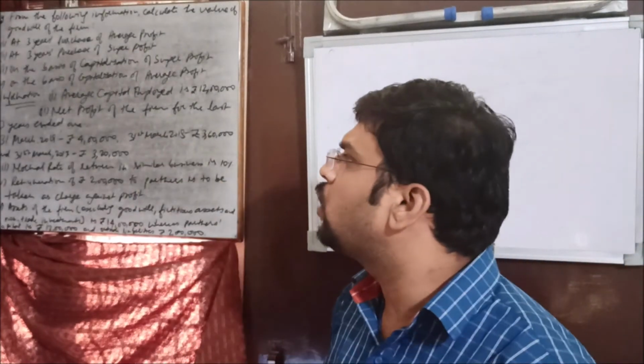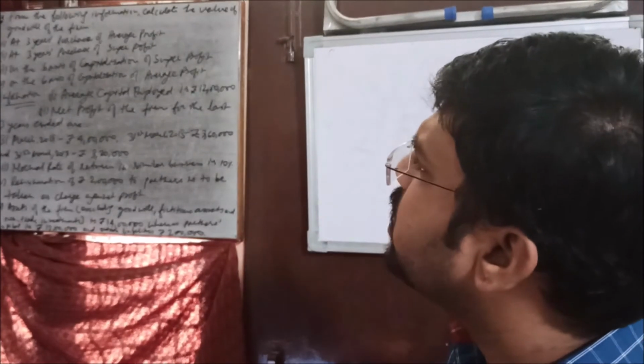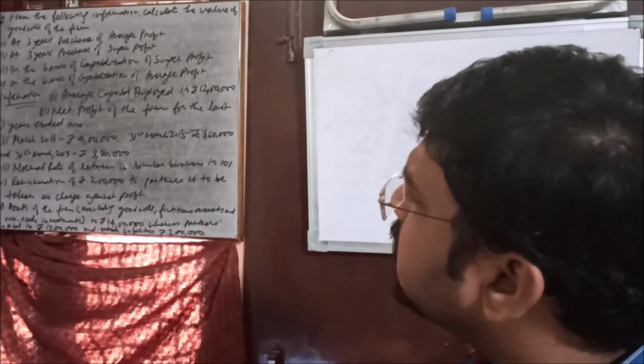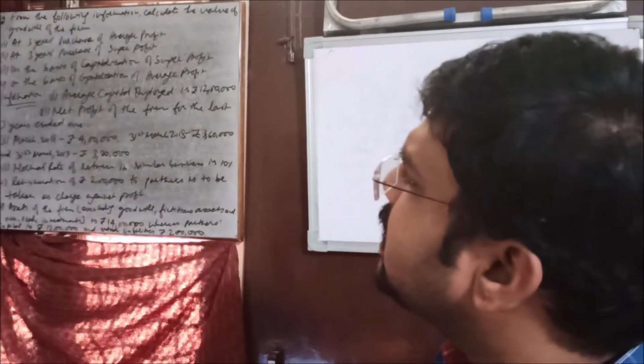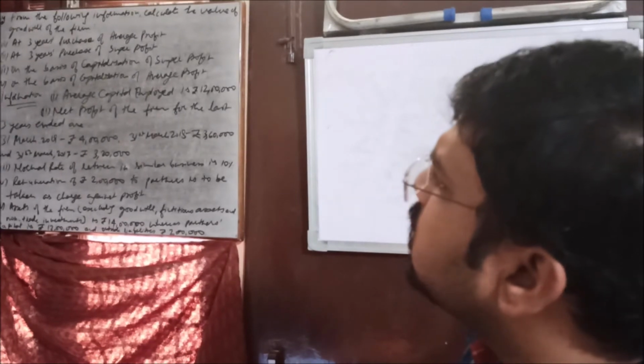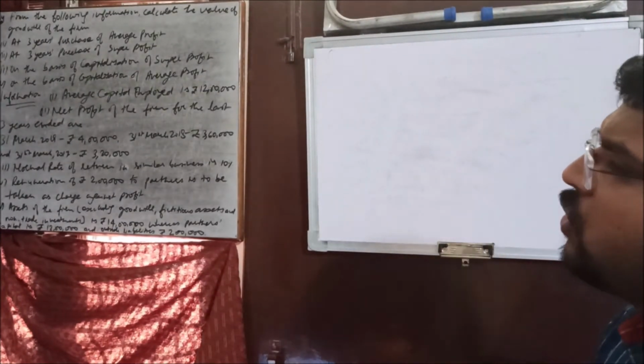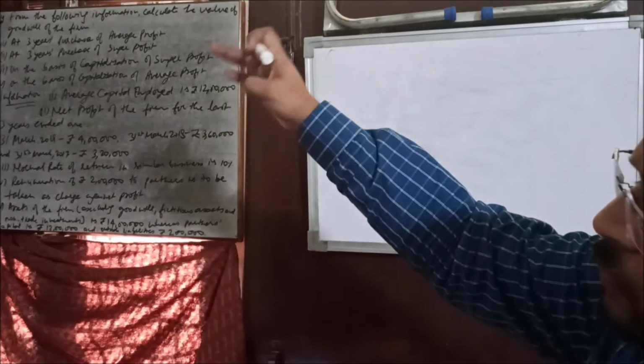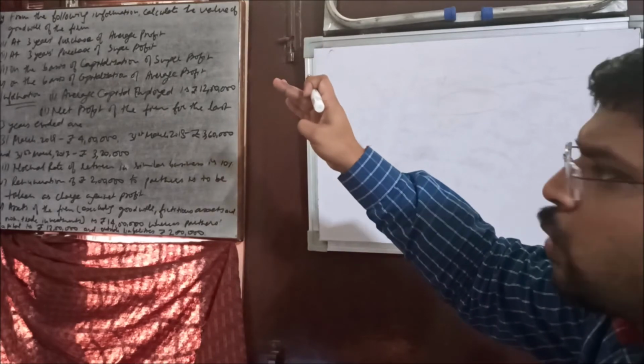Let's read the question without wasting time. From the following information, calculate the value of goodwill of the firm at 3 years purchase of average profit, at 3 years purchase of super profit, on the basis of capitalization of super profit, and on the basis of capitalization of average profit. So information is given, which means we need to attempt the question by 4 methods, right?